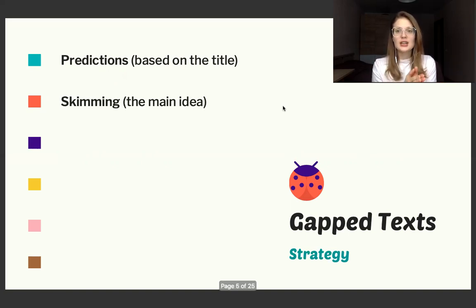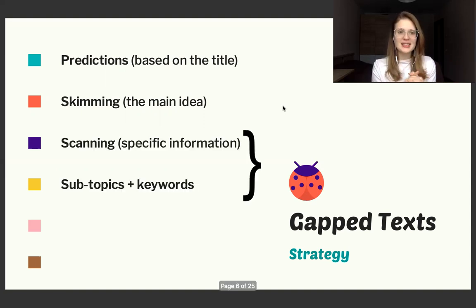After that, you have to skim the text. So you see the text, and of course, you read it quickly just to understand what it is about. You need to identify the topic of your text, to put it simply like that. Okay, after that, you do scanning. So you read for specific information.